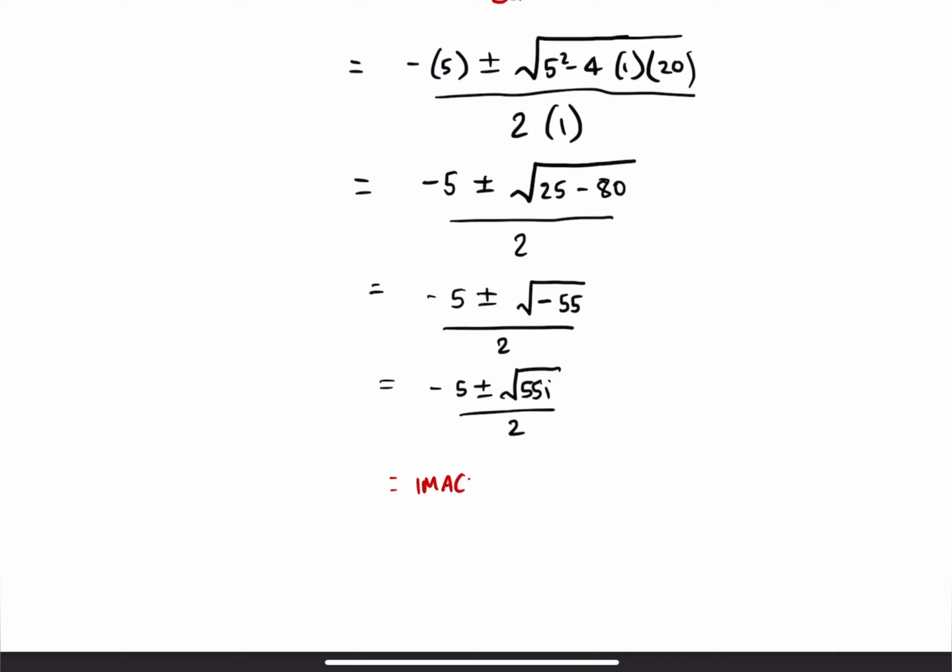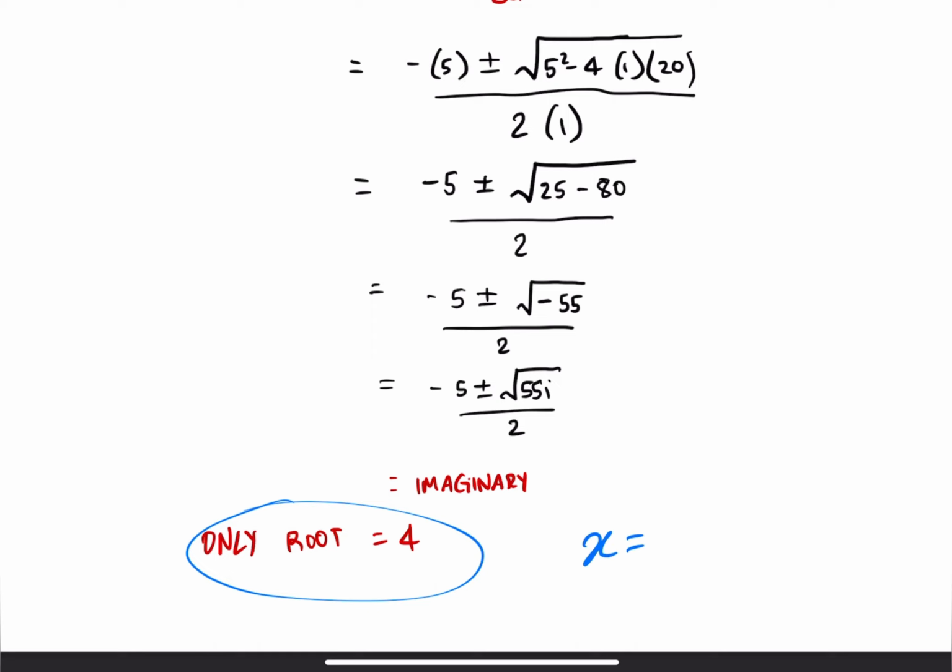So that means there is no other real root of this equation. The only root is 4. So that is our answer, and the value of x is 4.